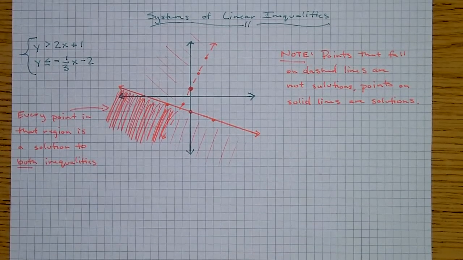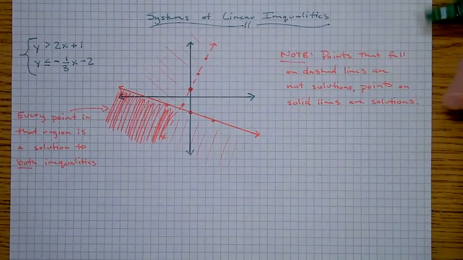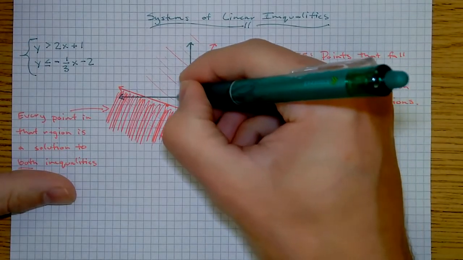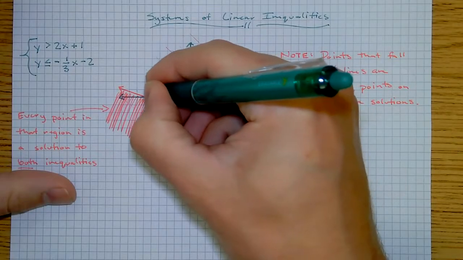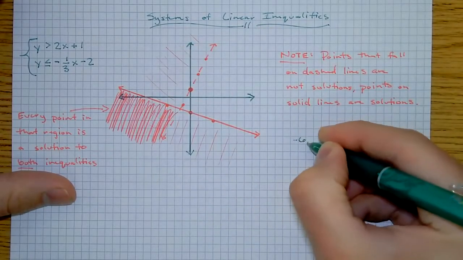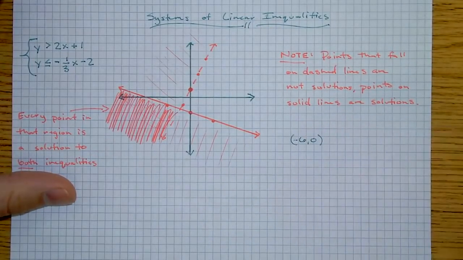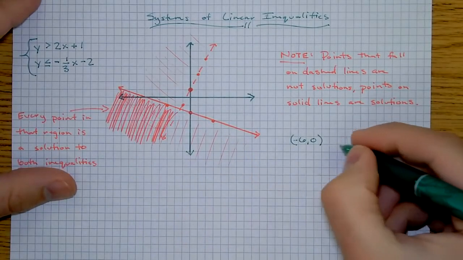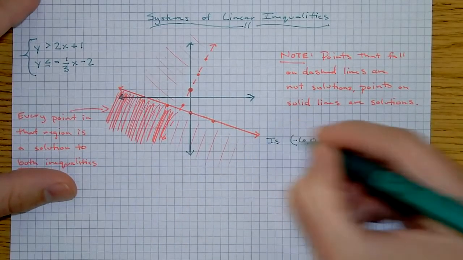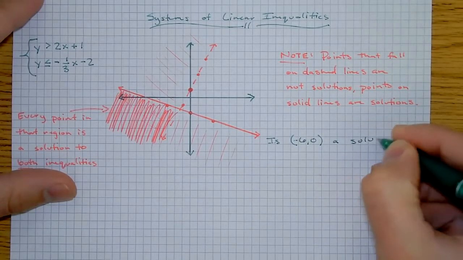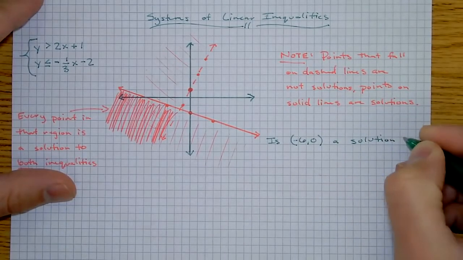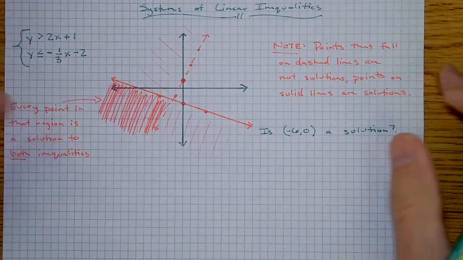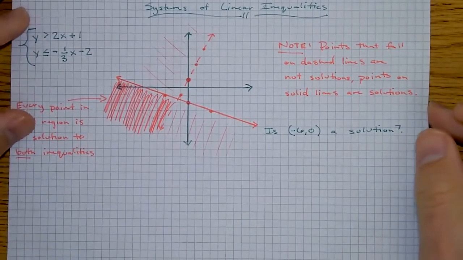Let's say, for example, you are asked if a specific point was a solution. I'm going to go 1, 2, 3, 4, 5, 6 and pick -6, 0, because that's technically on the solid line. You might get asked where a specific point is part of the solution.